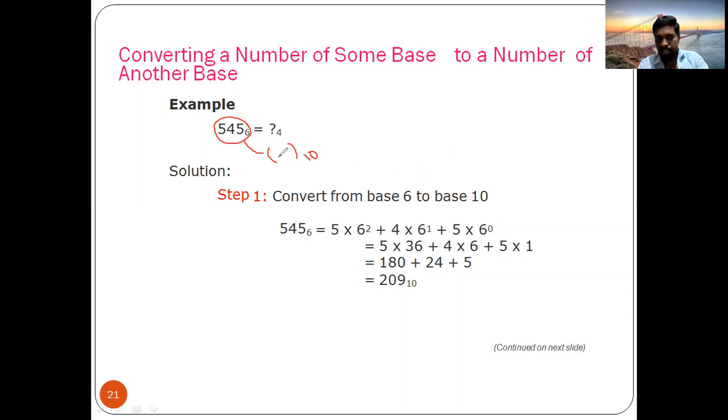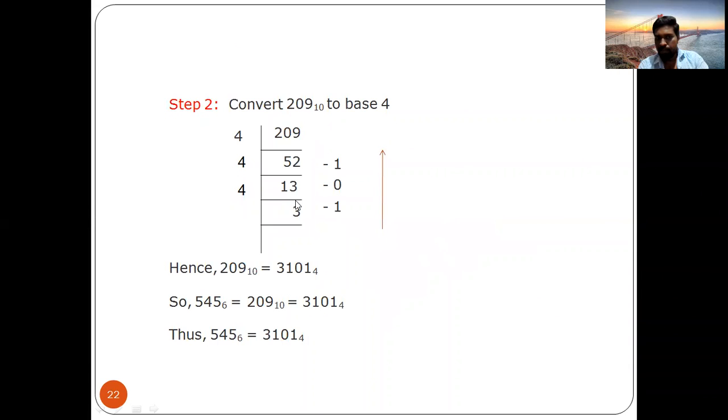Already we have seen that. So this is the process, and I got the answer as 209 base 10. Now I will take this as my question and convert the decimal into any base. Already we know how to convert decimal into any base.